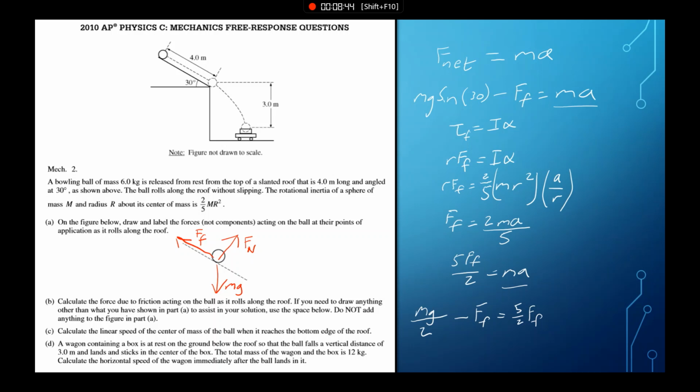So if we add friction to both sides, then it's gonna be mg over 2 is equal to 7 over 2 friction. Okay, so last step, force of friction is mg over 7.